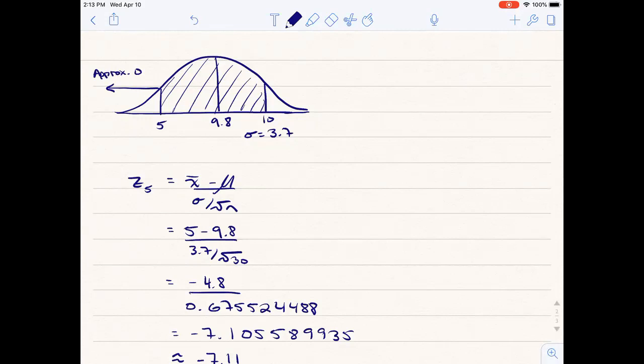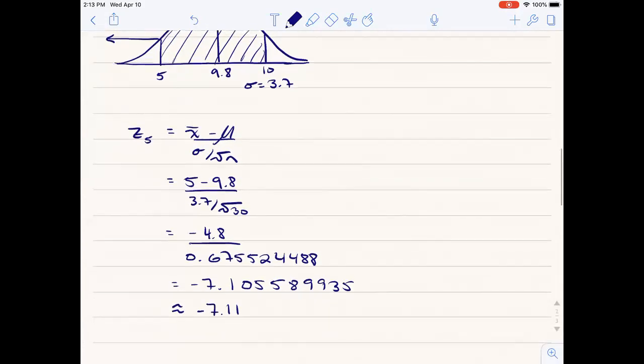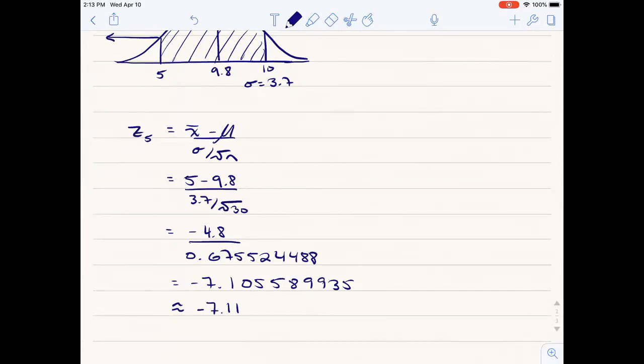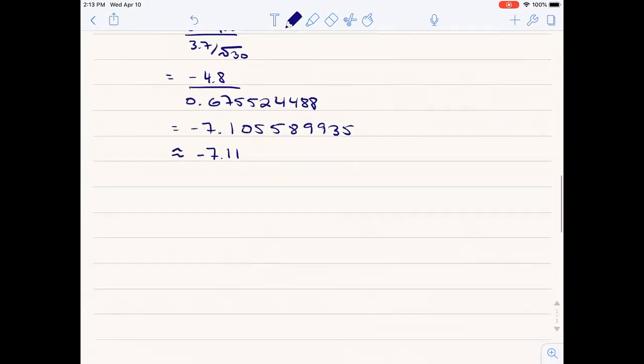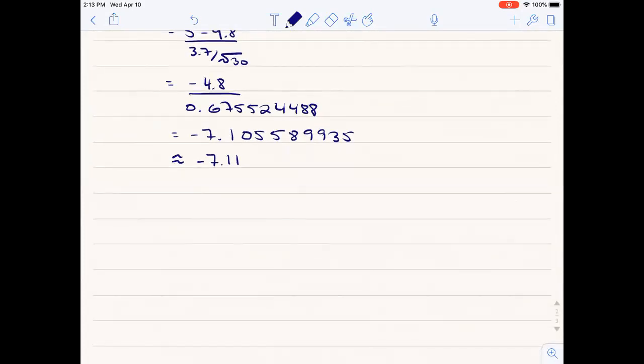Because you'll go to the table, you'll find that the smallest value on there is negative 3.49. So negative 3.49 has an area in the tail of 0.0002. So now, because we're so far beyond negative 3.49, we can just say it's approximately 0.